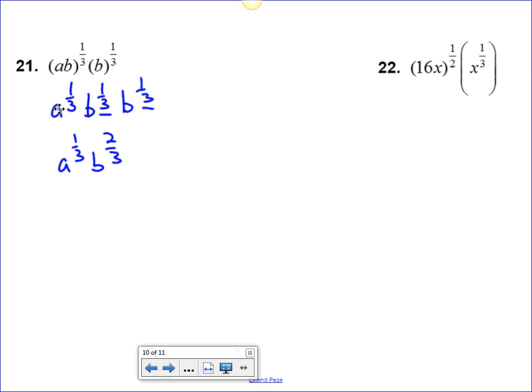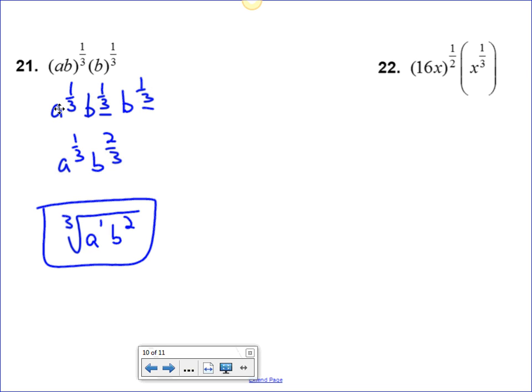How can I write that in radical form? Both of them would have an index of 3. So my index is 3. I have an a to the 1st power, I have a b to the 2nd power. So this would be your answer in radical form.